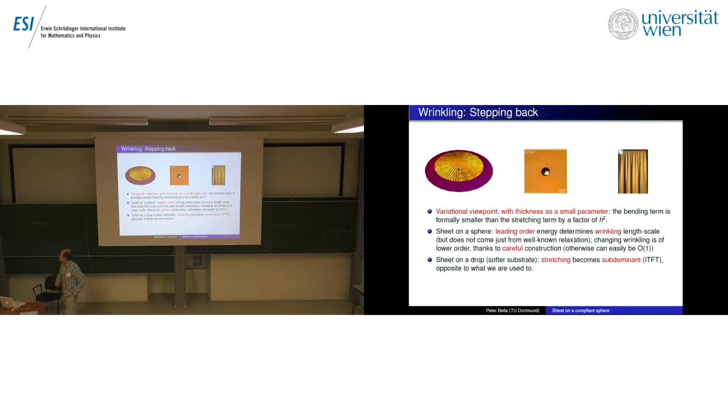My time is almost over, so let me wrap up. We consider a variational viewpoint, where h, the thickness, was a small parameter regularizing this non-convex variational problem. In this specific setting of the sheet on a sphere, what's different from other problems is that the wrinkling contribution already entered the leading order energy, and the next order contribution was related to the cost of changing these wrinkles.